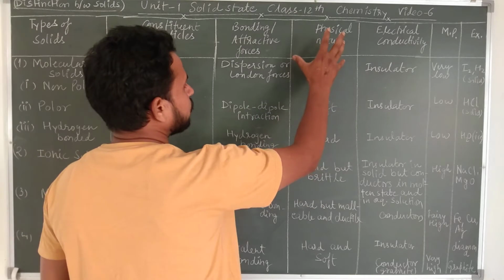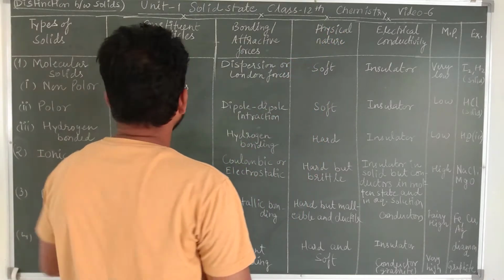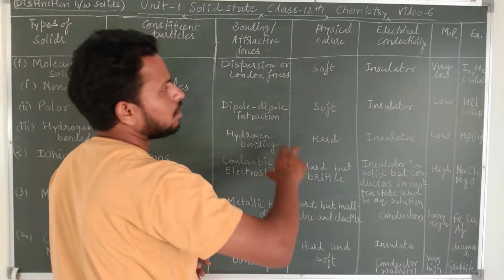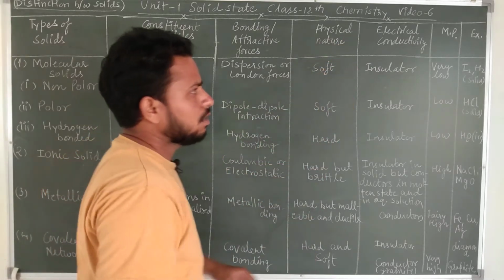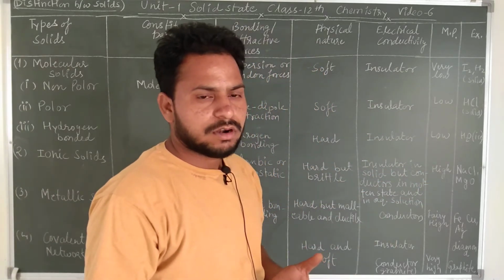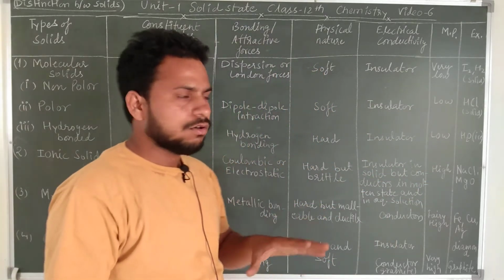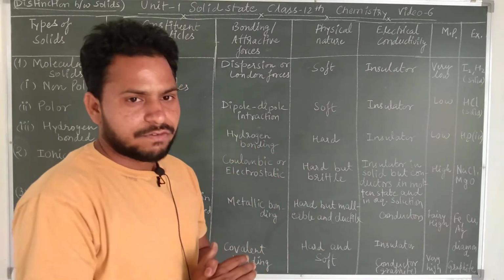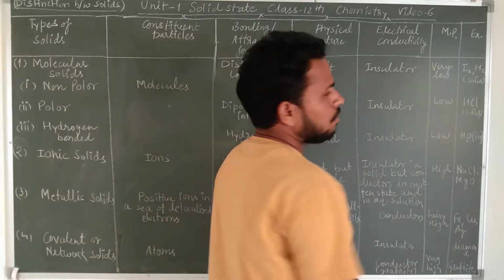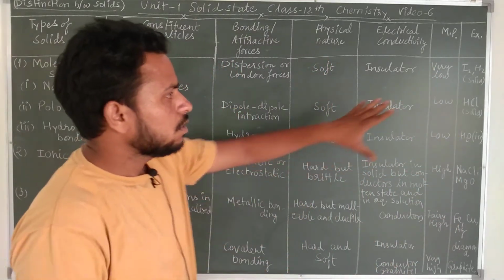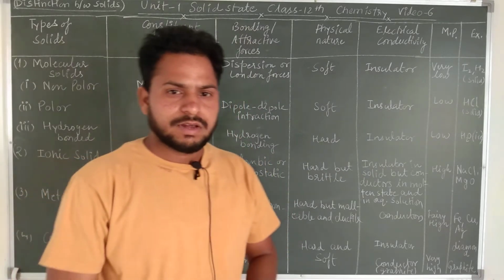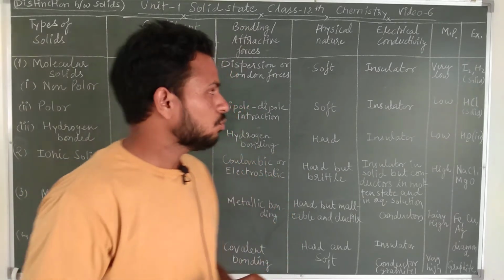Further, we differentiate solids by physical nature, electrical conductivity and melting point. And the last one, we discuss examples of the solids. So one by one we will discuss them.